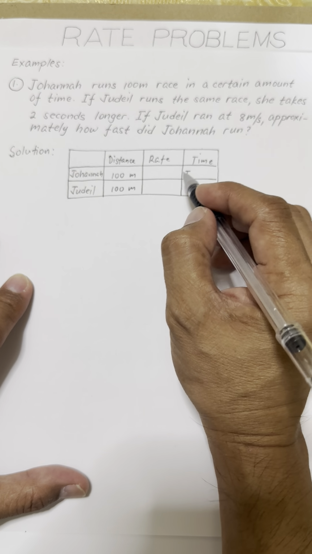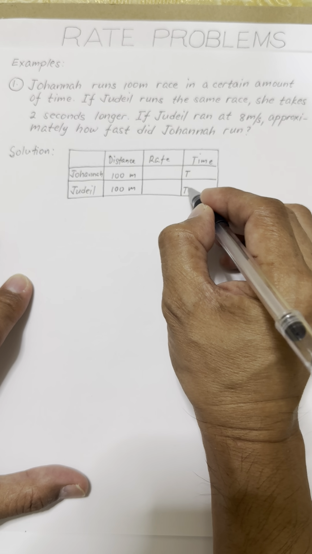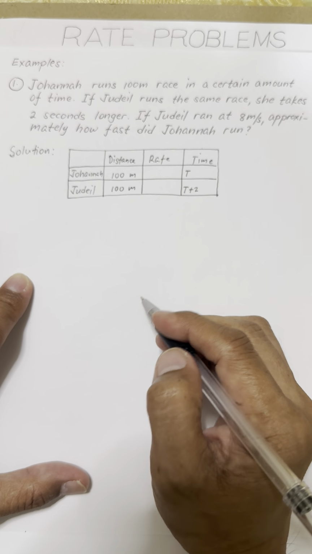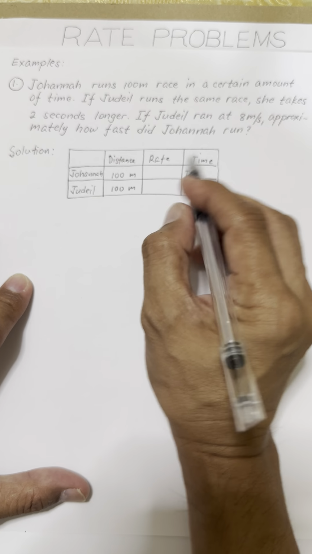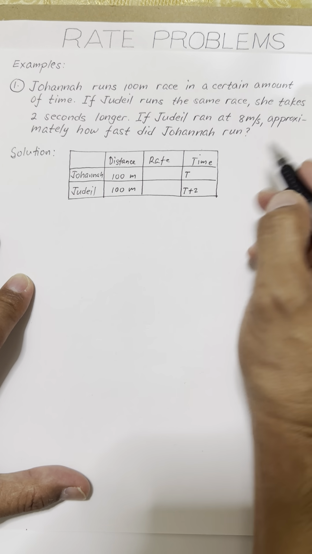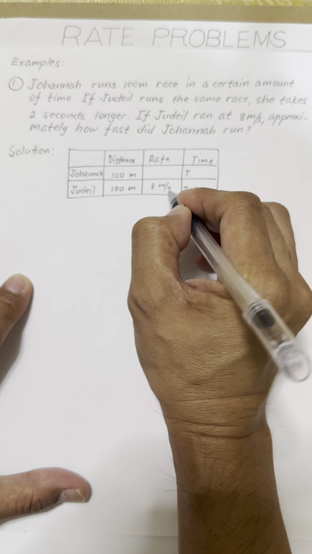If Johanna's time is t, so if Judel runs, it should be t plus 2. Then Judel runs 8 meters per second, so given the rate, meter per second, distance over time, so this is the rate. So it's given 8 meters per second.